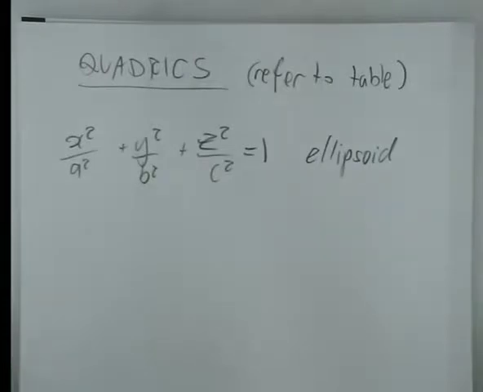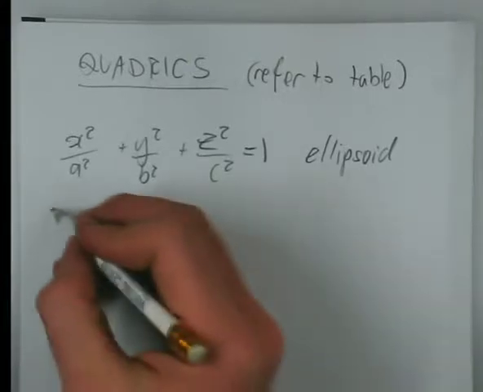So it's the same. But do note that if there's a 0 in that final spot, it will be a single point. And if there's a negative 1 in that final spot, it will be empty. Exactly the same way as the ellipse works. You can imagine the radius getting smaller and smaller until it disappears entirely. So ellipsoids have 3 members of the family as well. One of them is a point, one of them is empty.